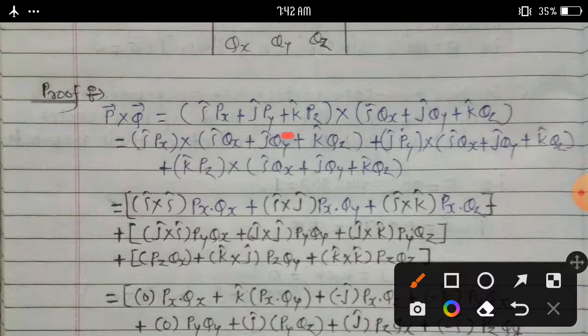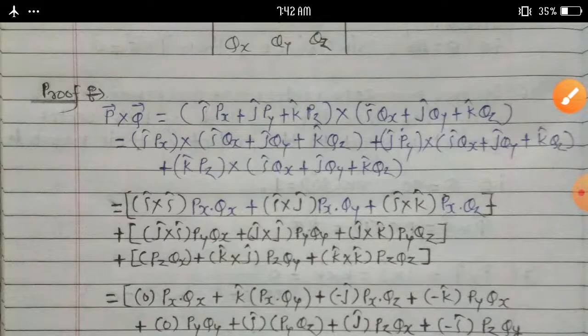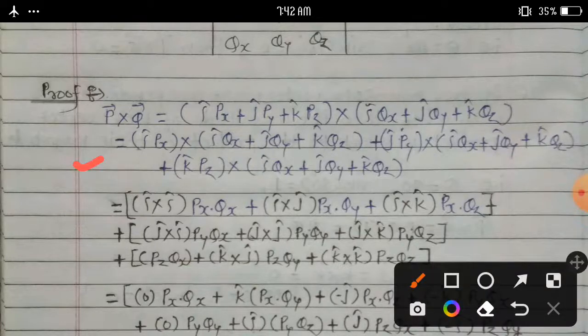Take the cross product of these two vectors. We can write i cap px plus j cap py plus k cap pz cross i cap qx plus j cap qy plus k cap qz.